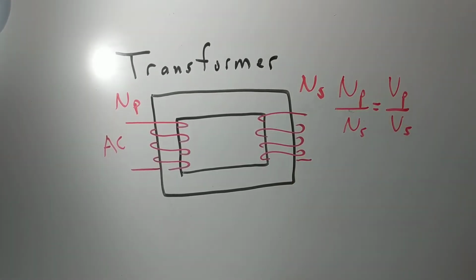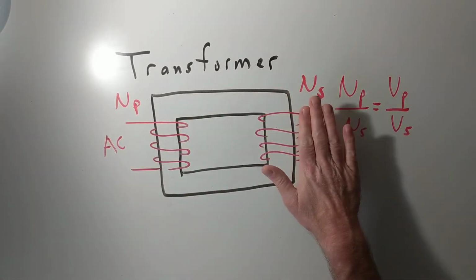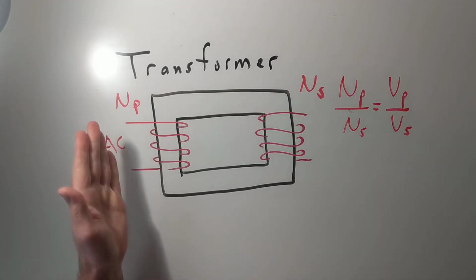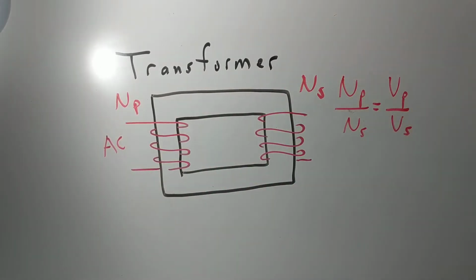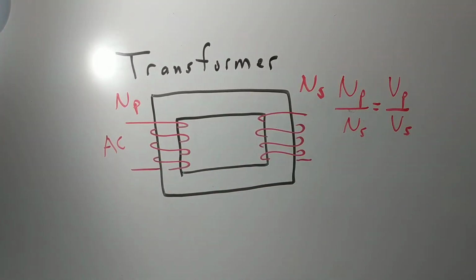In other words, they're exactly proportional. Now, if you put in a low number here and a higher number here, that means the voltage will step up. That's a step up transformer. If the number of turns on the secondary is smaller, then it's a step down because the voltage will step down.